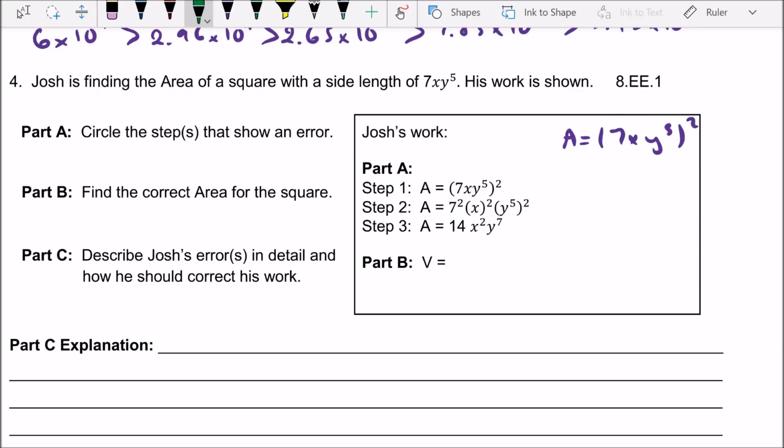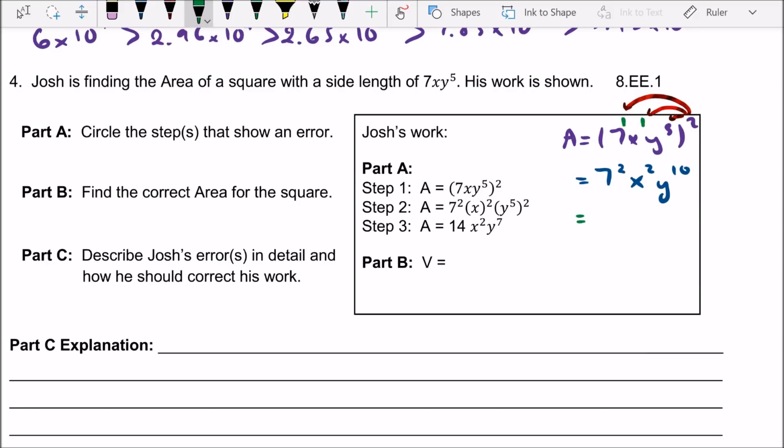So we're going to solve this problem. 7 doesn't have any power, so you put 1. And x doesn't have any power, so you put 1. This is a power to a power problem. Because the parentheses are raised to the 2nd power, you multiply the exponents. So that gives me 7 to the 2nd power, x to the 2nd power, and y to the 10th power.